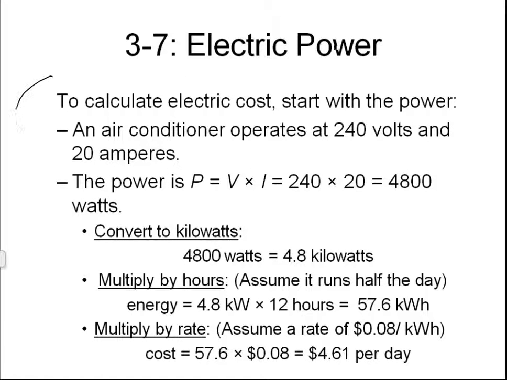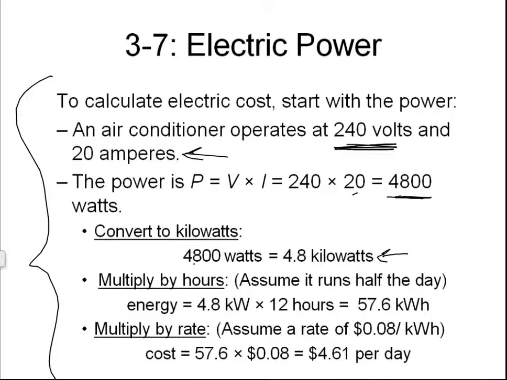All right, and so here's a good example. We've got an item that runs off 240 volts and it uses 20 amps. So 240 times 20, that's 4,800 watts. Converting to kilowatts, that's 4.8 kilowatts.